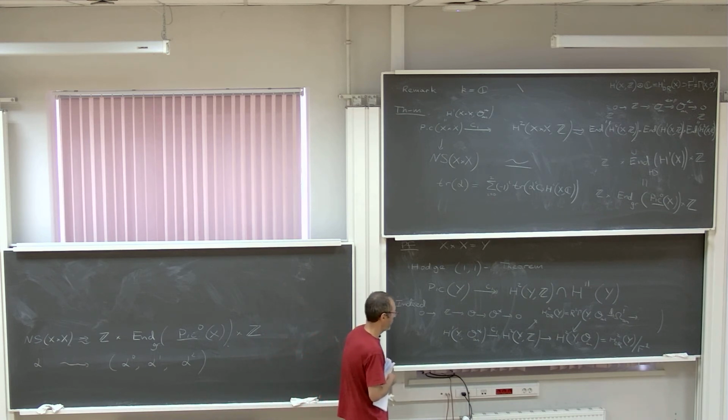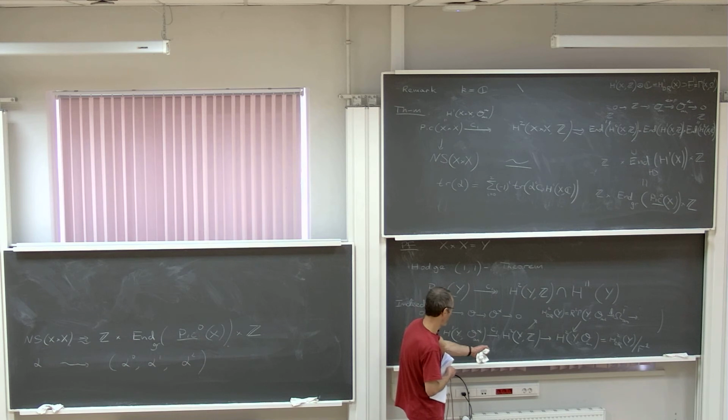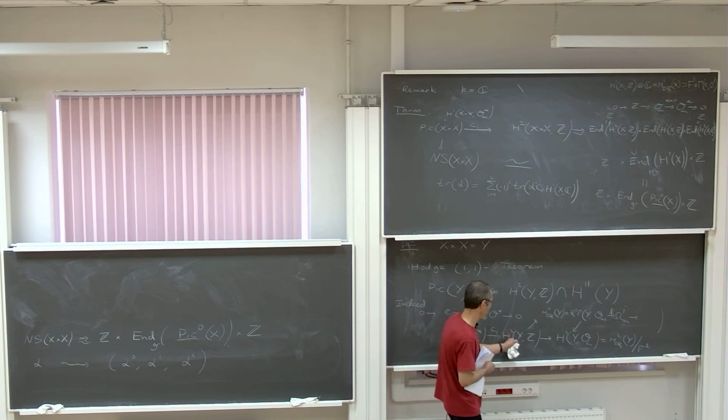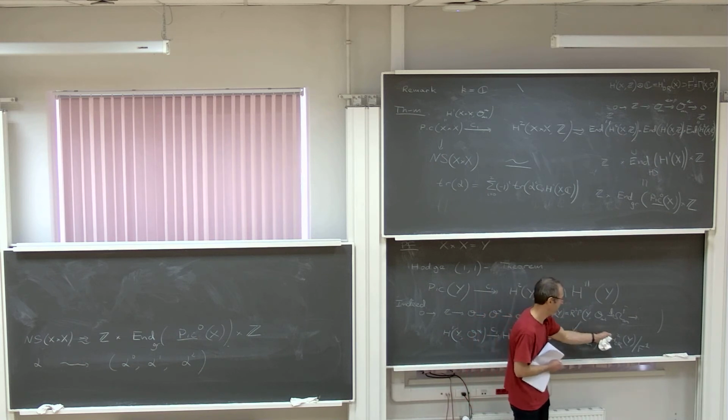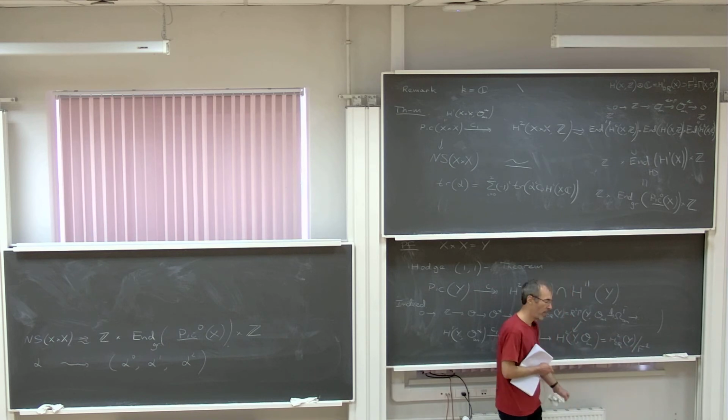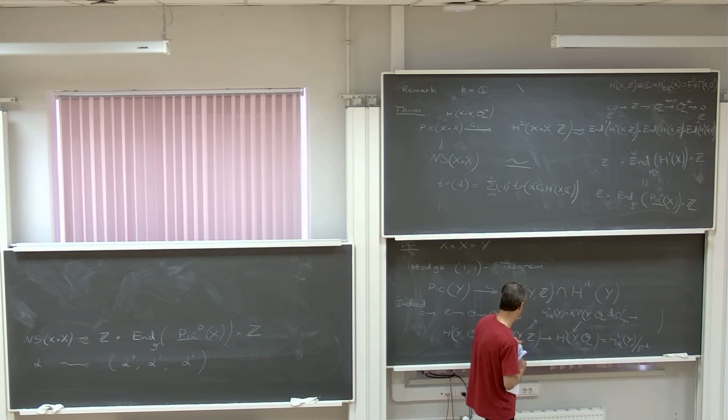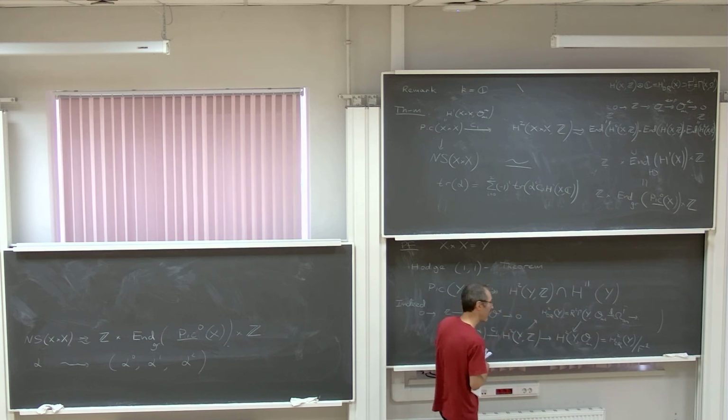So we see that this map can be written as the composition of two maps. First, you map to the de Rham homology, and second, you project to F1. So that means that if you have a class here that lives in F1, then it belongs to the image.